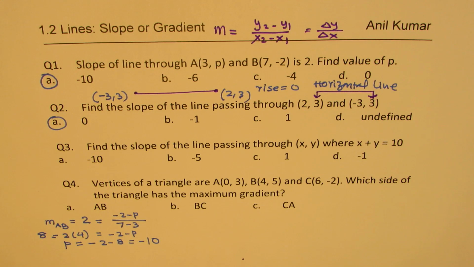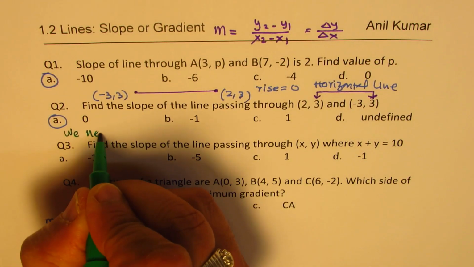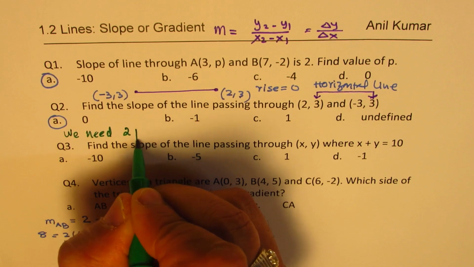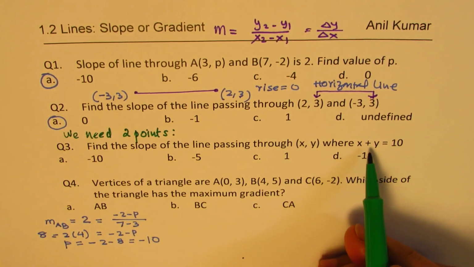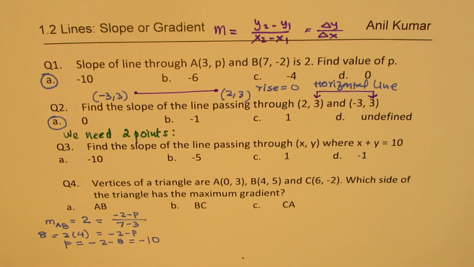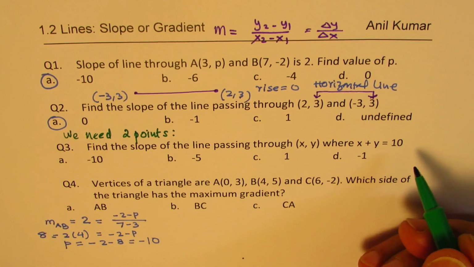So what do I suggest? Well, to find slope, we need 2 points. So in this case, I have an equation, x plus y equals 10. Okay, so let us say if x is 0, then what is y?